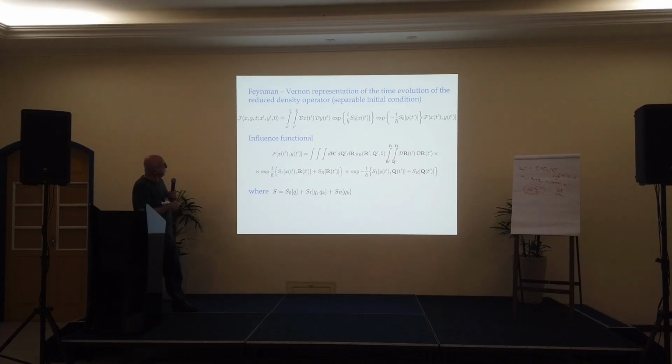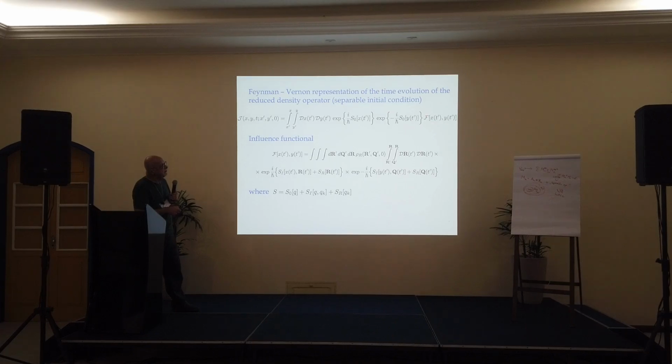If I use the path integral representation for the time evolution operator, we can write this super propagator as the double path integral of these paths of the particle only, and that's the action of the particle of interest, and that's the conjugate of that.